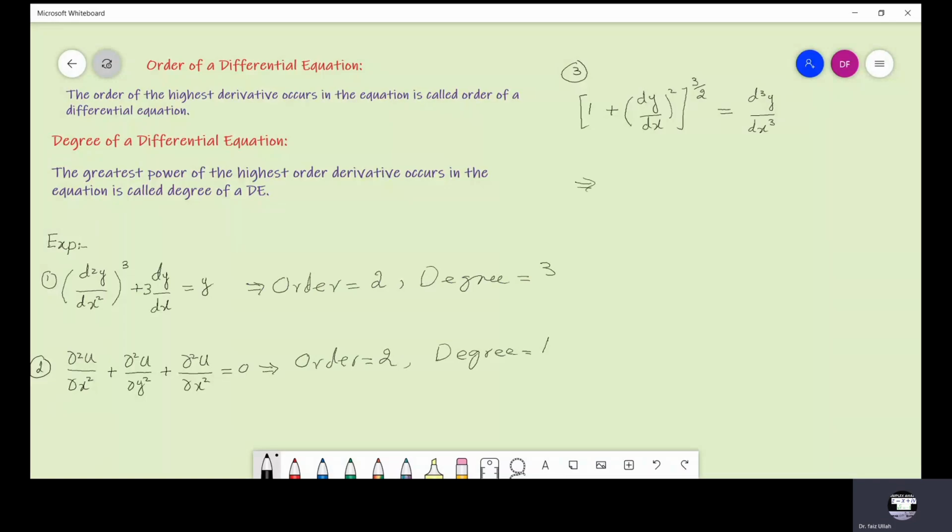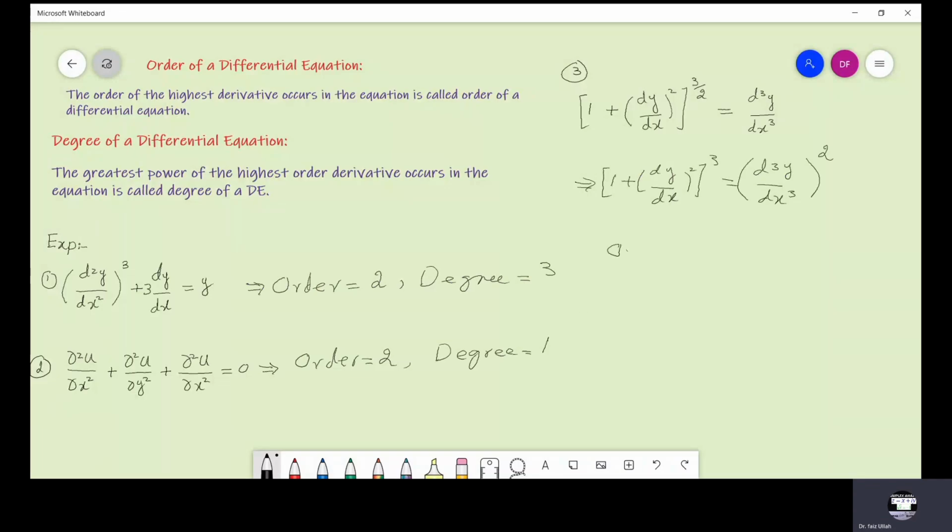So after squaring both sides, we get 1 plus dy over dx whole square whole power 3 is equal to d cube y over dx cube whole square. Now we can find degree and order of this differential equation.